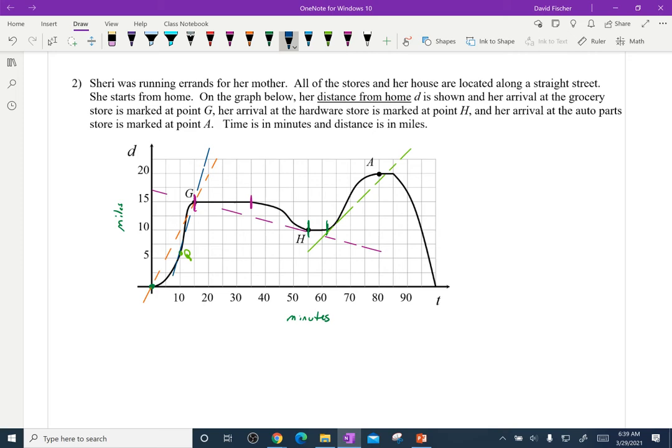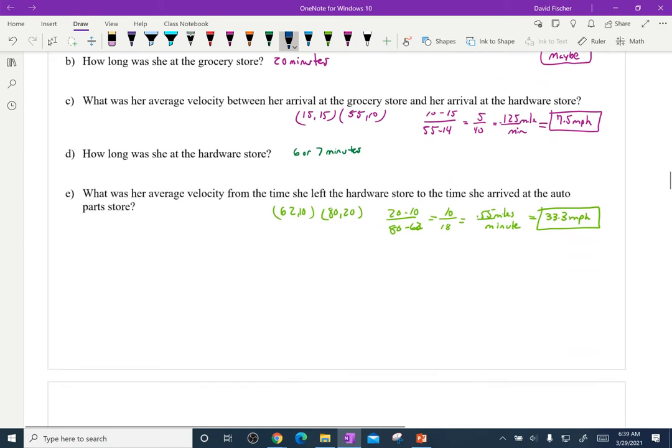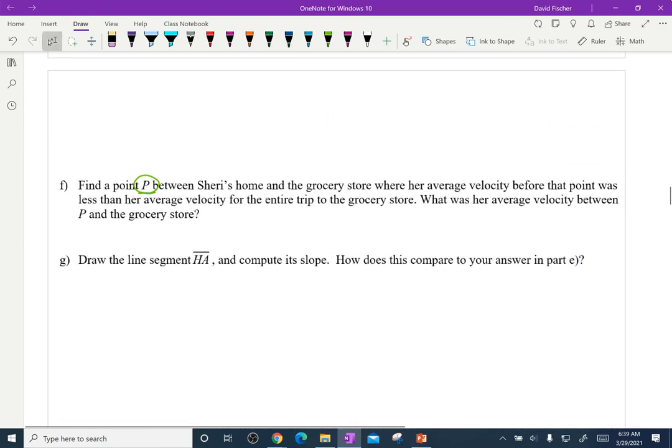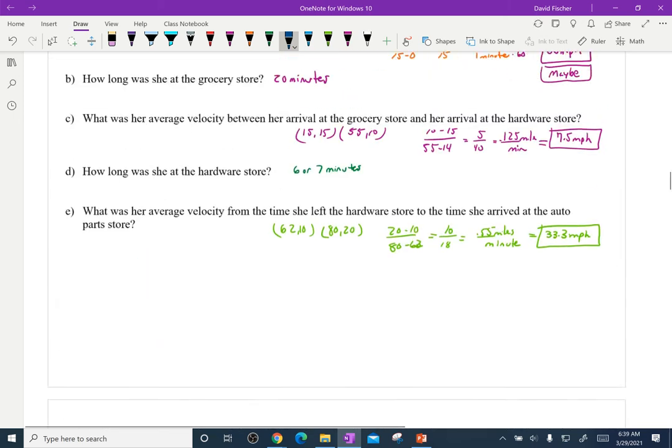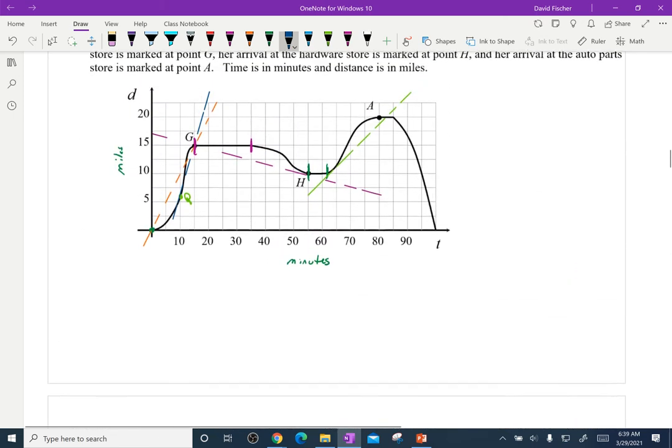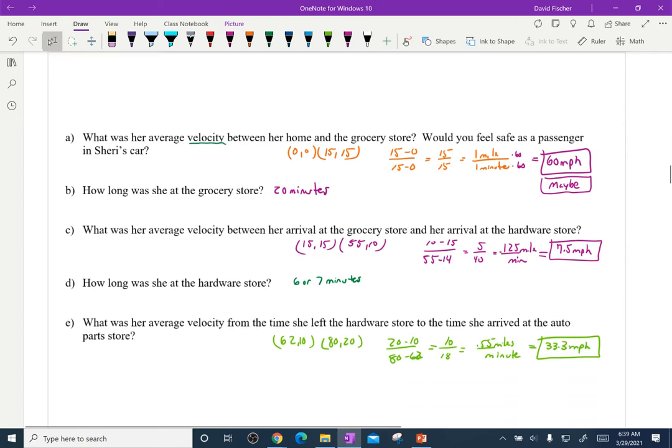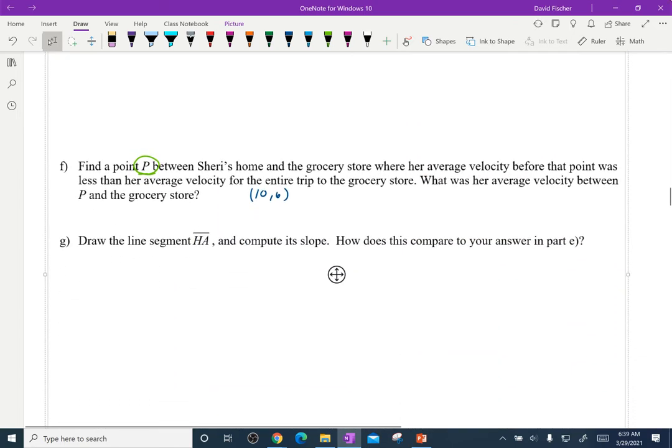Okay, so let's call P, what do you want to call that? 10.6? Let's call it 10.6. Let's go find the grocery store again. It was 15, 15.